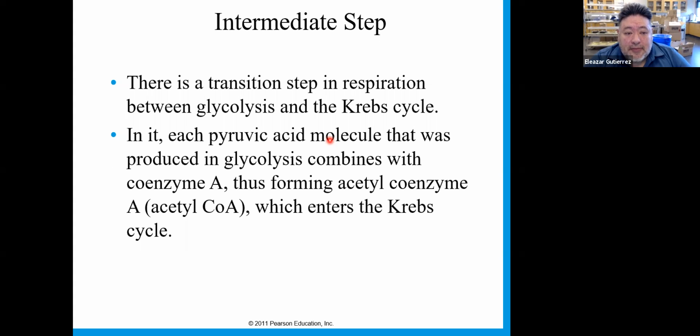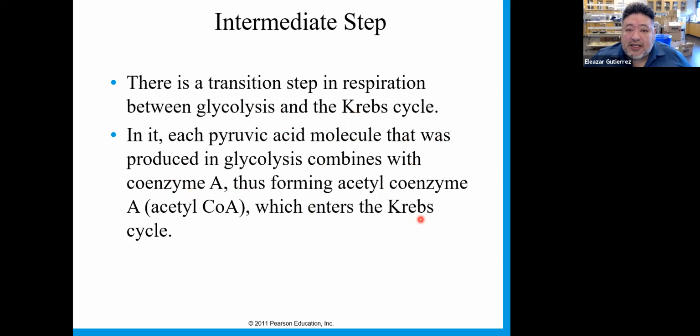So there's a transitional step in respiration between glycolysis and the Krebs cycle. In it, each pyruvic acid molecule that was produced by glycolysis combines with an enzyme called coenzyme A, thus forming acetyl coenzyme A, acetyl-CoA, which enters the Krebs cycle.